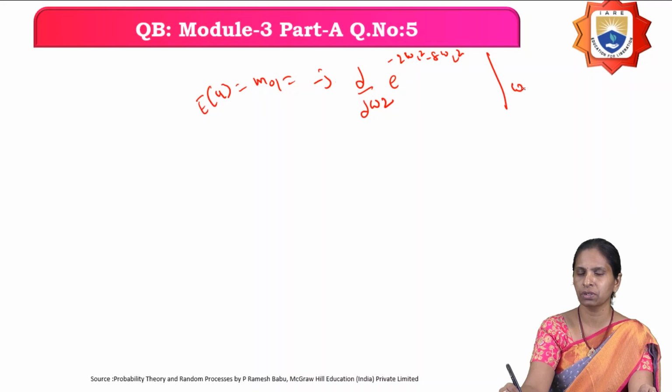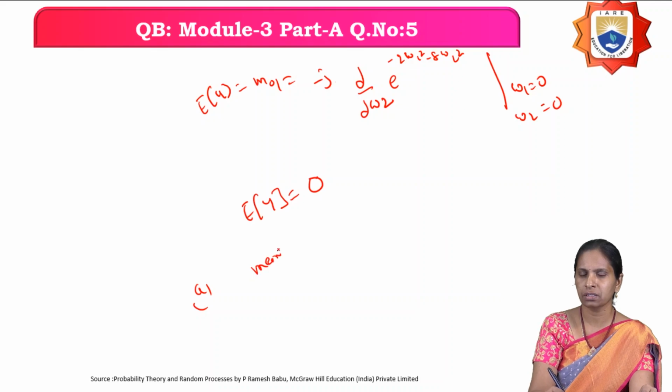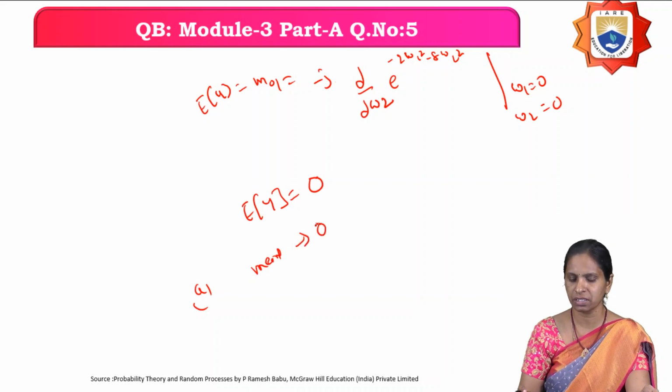Substituting omega 1 and omega 2 equal to 0 and simplifying, you get U of y equals 0. Therefore, the first condition is satisfied: the means are 0.